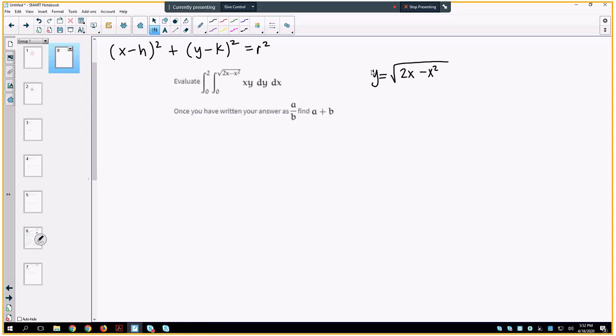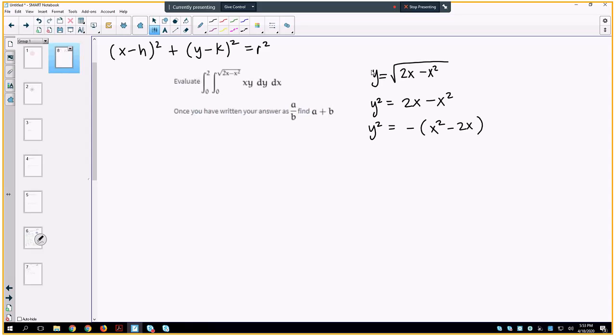In order to do that, I'll need to complete the square. So let's think about the right-hand side here. I have y squared equals 2x minus x squared. If I complete the square, I'll start by writing it as minus x squared minus 2x. If I divide negative 2 by 2, I get negative 1.